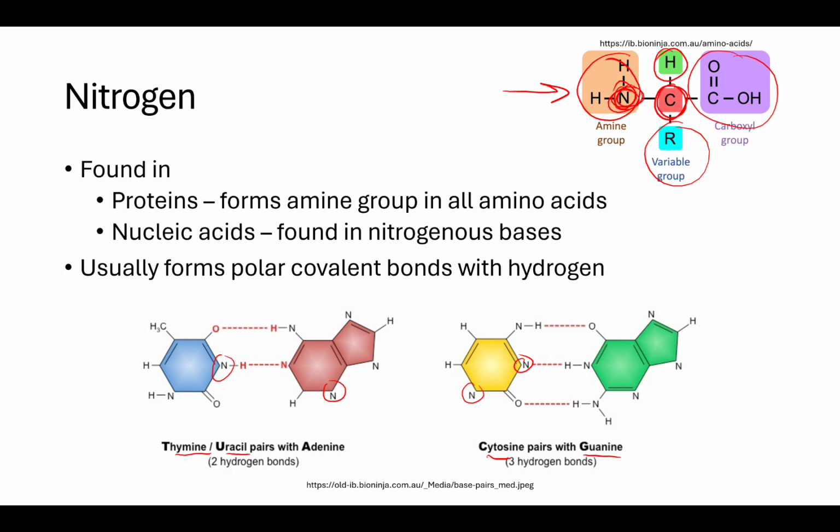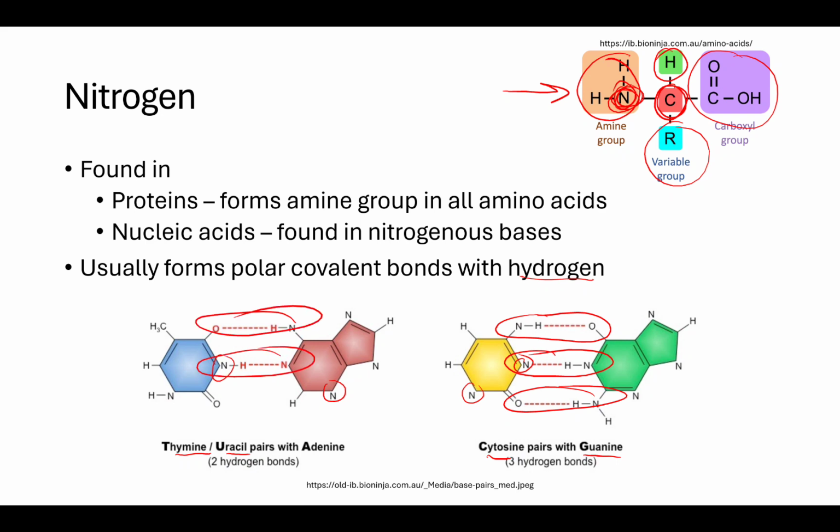And so when it's in a bond with another atom that's not very electronegative, like hydrogen, then it can form these polar covalent bonds, which means that these nitrogen-based groups can end up forming hydrogen bonds. So the hydrogen bonds that actually hold DNA together are between nitrogen-bearing groups in the nitrogenous bases. And that's what I'm circling here. So nitrogen is very important for the 3D structure of DNA and RNA.